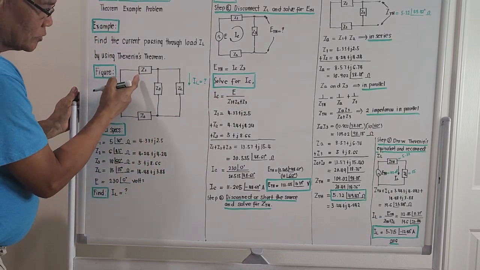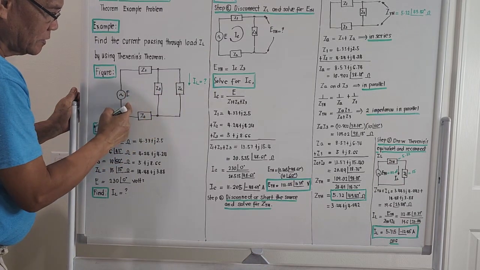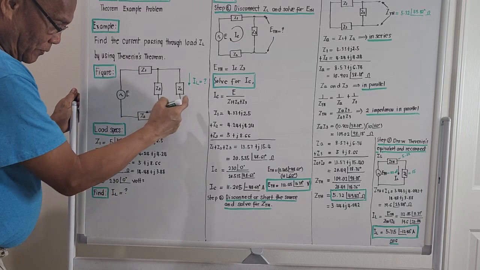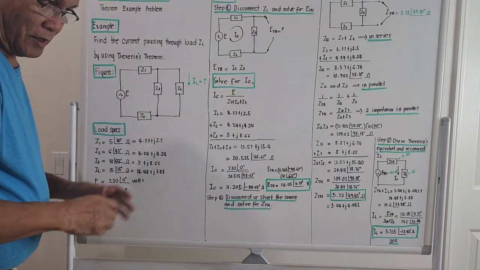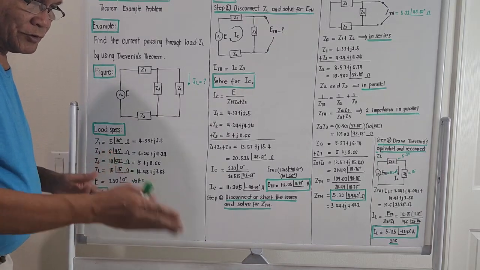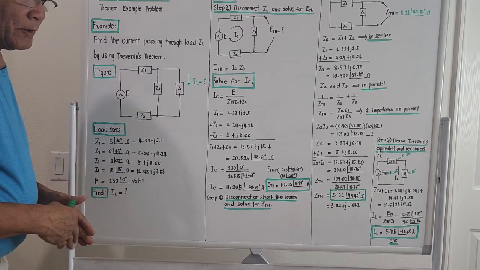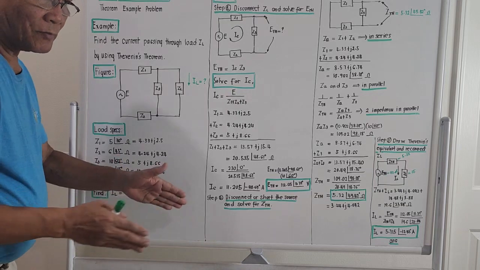We are given the values of Z1, Z2, Z3, ZL, and E. So by using an advanced solution, one of the advanced solutions is actually Thevenin's theorem. Thevenin's theorem is actually a simplified solution for a complicated problem.